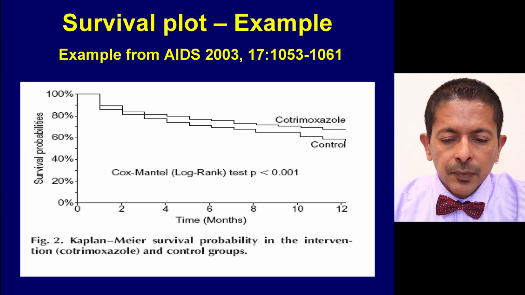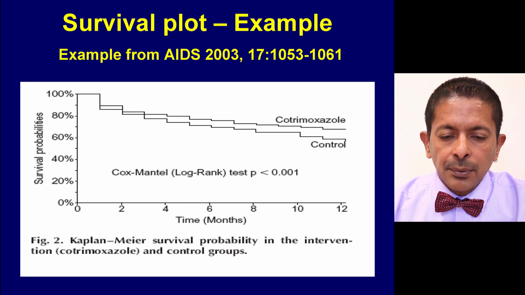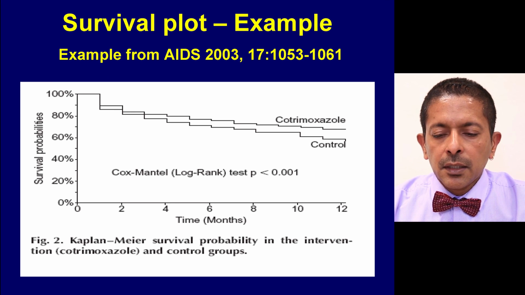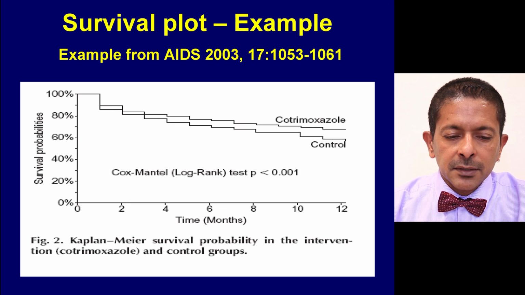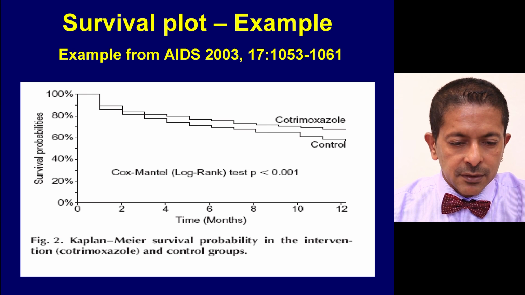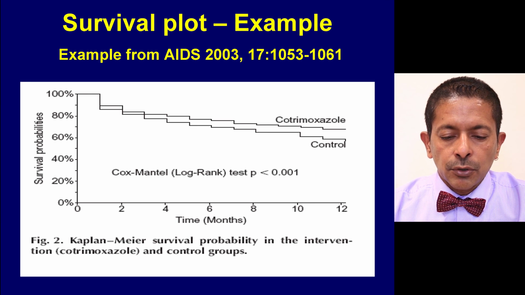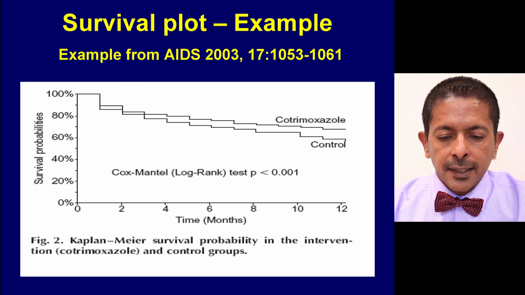So if you saw something like this, and you can find this in the reference provided in the title, you would see the cotrimoxazole arm, which is the upper curve, and the control arm, which is the lower curve, and it simply means that everyone starts on the left side with 100% survival, and as time goes on, time in months is on the x-axis, people are dying.